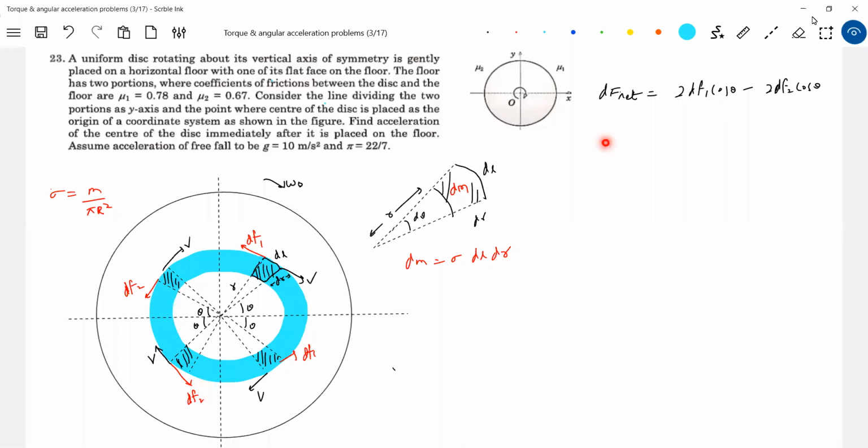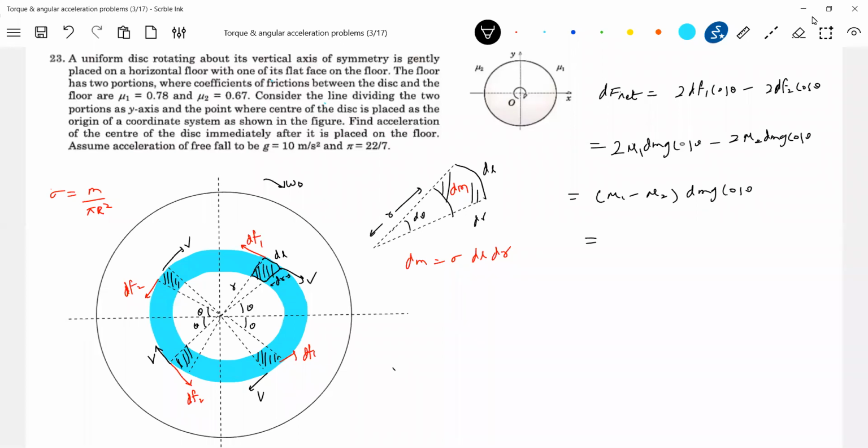So then we'll substitute the values. 2 into mu1 dm g cos theta minus 2 into mu2 dm g cos theta. So everything will become mu1 minus mu2 dm g cos theta. dm is sigma dl into dr. Let's get into the next part of simplification.